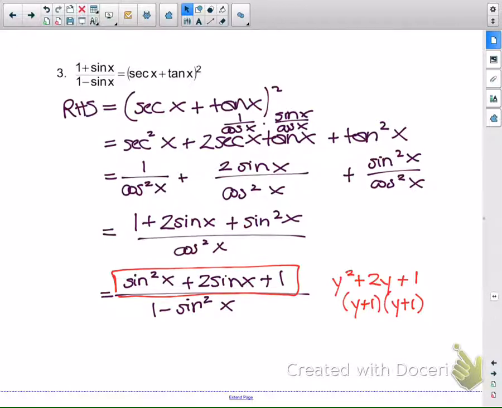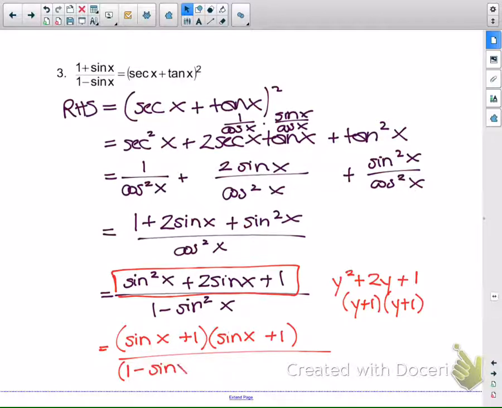So instead of y's, I now have sines. So what's that going to factor into? Sine x plus 1, sine x plus 1. Now, yesterday or last class, we already factored something like the bottom. How can I factor 1 minus sine squared? 1 minus sine, 1 plus sine.